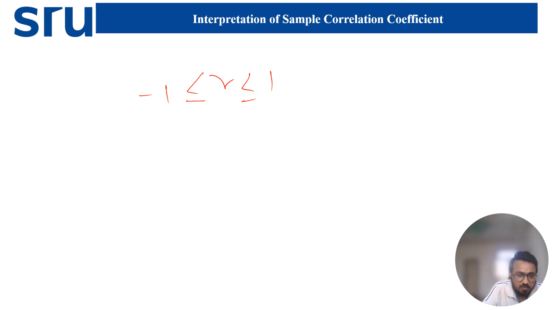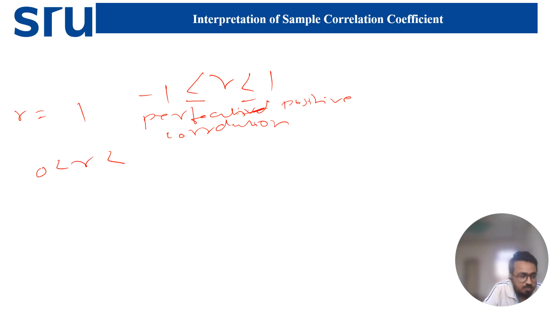If r equals 1, then we can say perfect positive correlation. If r lies between 0 and 1, simply we can say positive correlation.